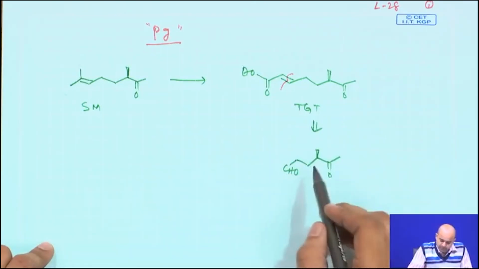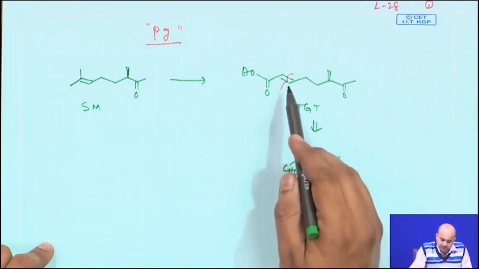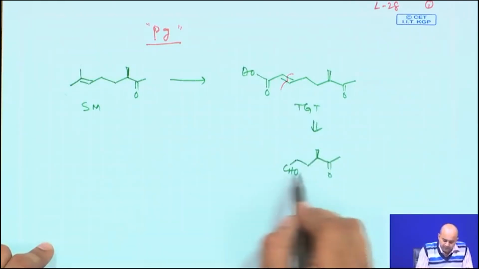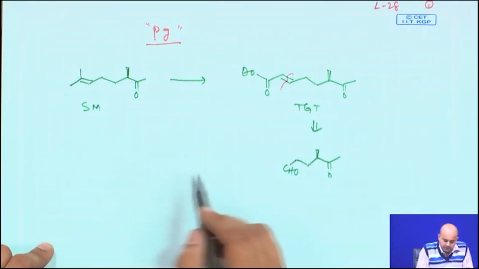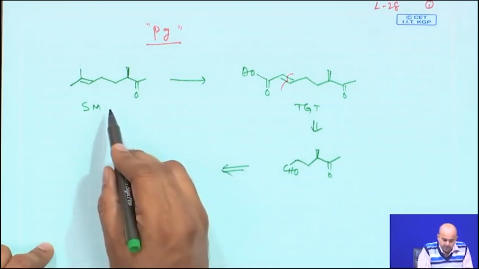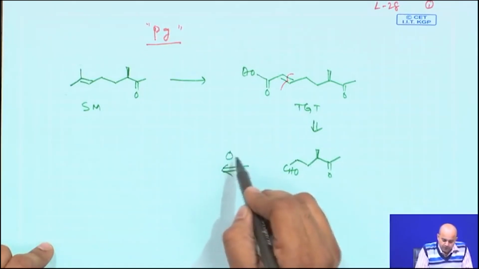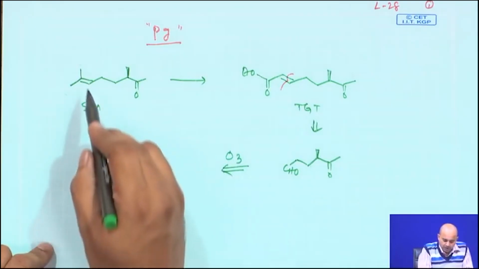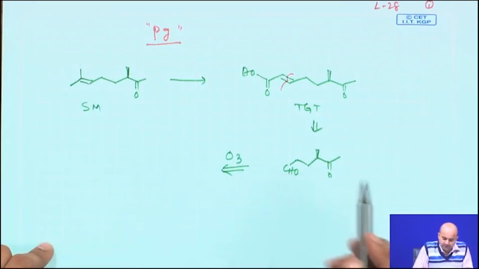So, if you have a Wittig kind of reaction, you can easily do it. Now, correlate this to the compound. The starting material is this. So, if you are doing an oxidative cleavage of this double bond, you can easily cleave it.